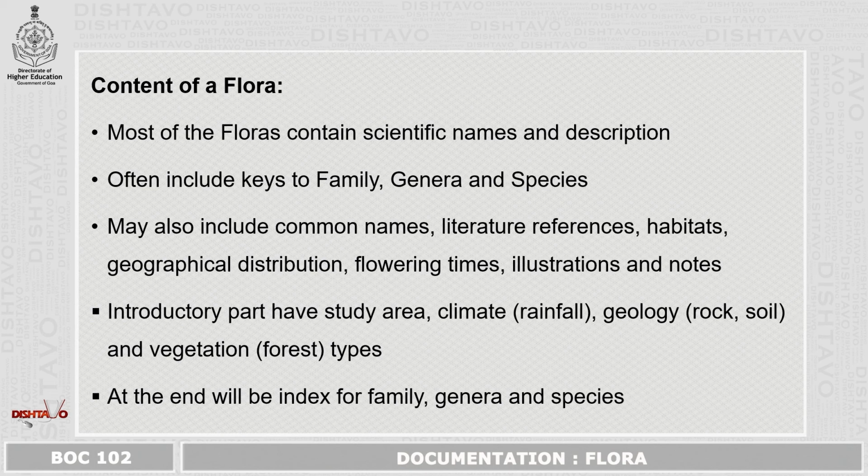At the end of these floras, you will find there will be an exhaustive, very important index where we will get all the information, that is family, genus, species, in which pages they are mentioned. That information you will get at the end.